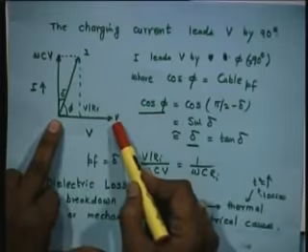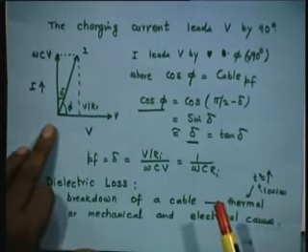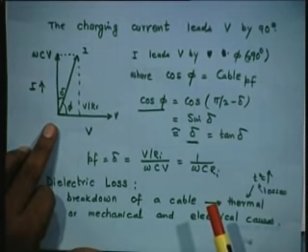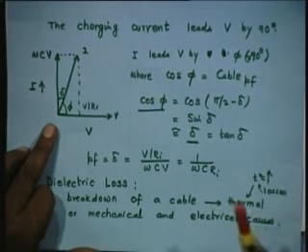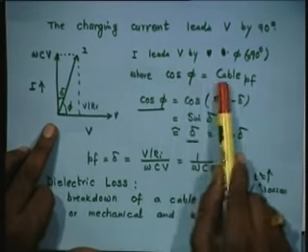If you plot a phasor diagram, you will find that the charging current is leading the voltage almost by 90 degrees. Though the figure does not show that effect, practically speaking phi is almost 90 degrees and delta is very small. Cosine phi is the cable power factor.